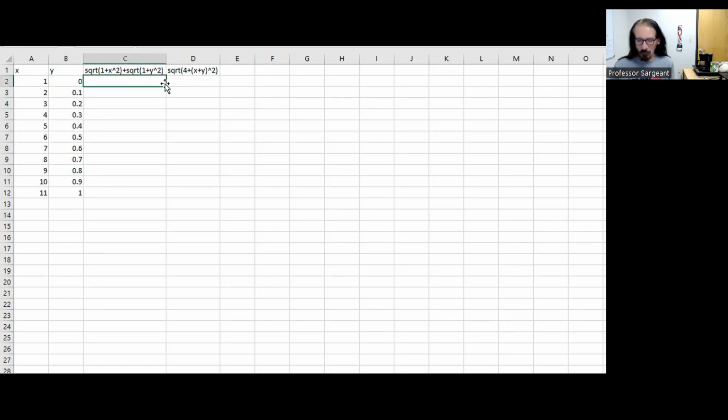Okay, so now square roots of 1 plus x squared plus square root of 1 plus y squared. And then square roots of 4 plus squaring the sum of x plus y.